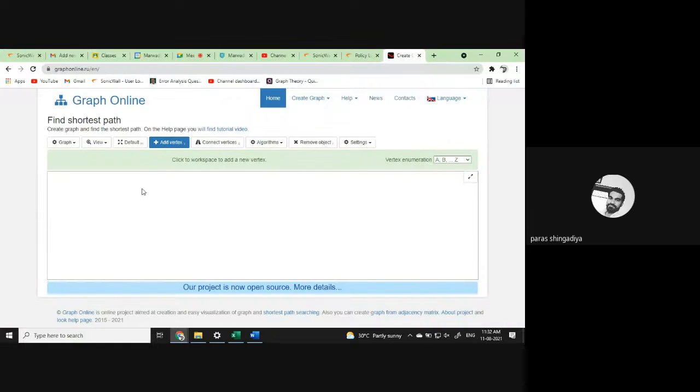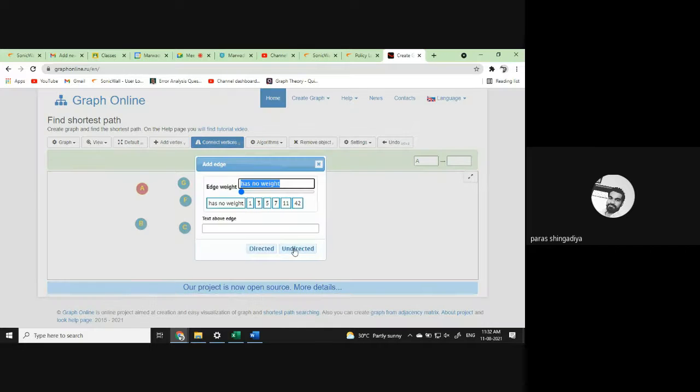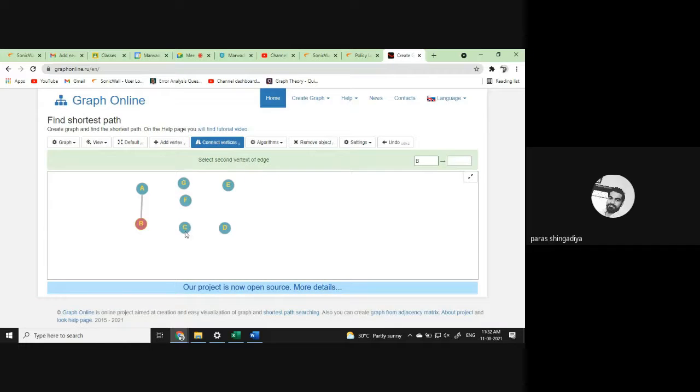The vertices are A, B, C, D, E, F, and G. Now let's connect them. A to B is connected. Then B and C are connected.